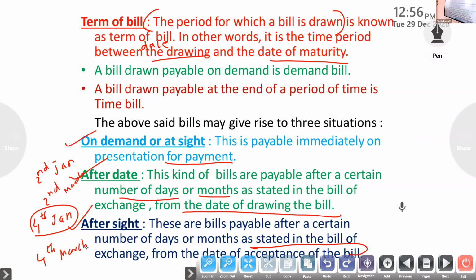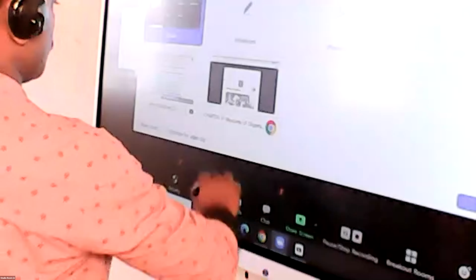That is related to the term of the bill: bill on demand, bill at sight, bill after date, bill after sight. Sometimes a question is given, so the date is very important. If it is a bill after sight, you have to consider the date of acceptance to the maturity date. So this is the bill of exchange.